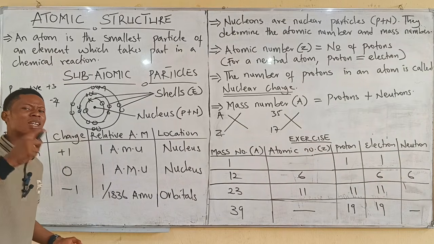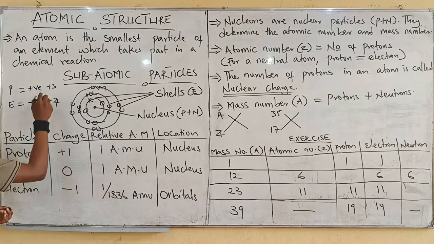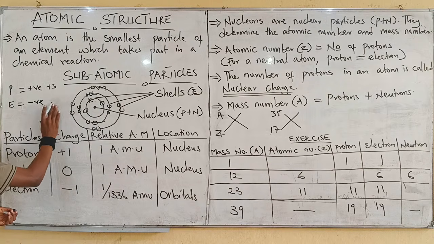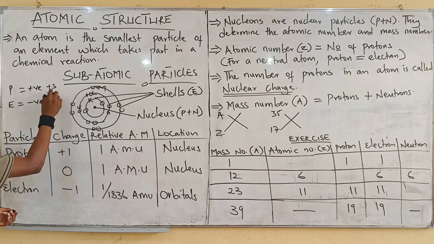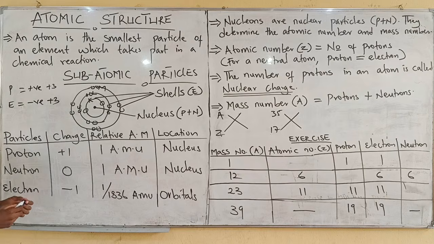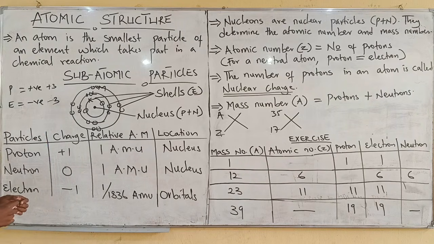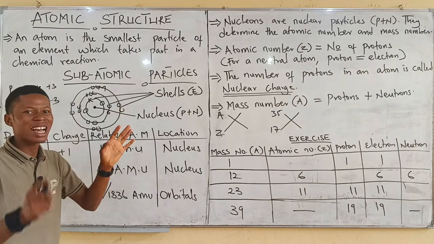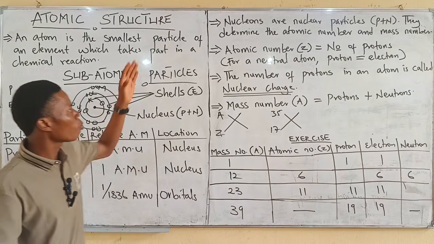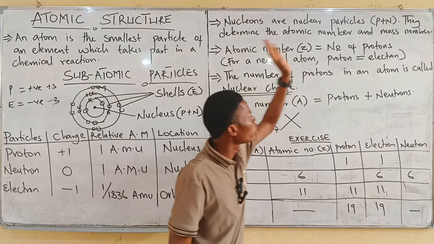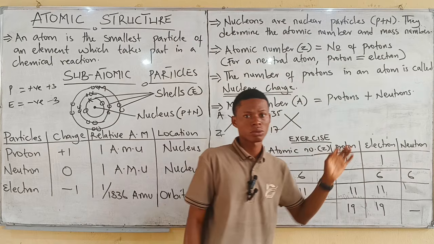So for the atom to be neutral, the proton must be equal to the electron. For example, if the proton is +3 and the electron is -3, +3 minus 3 is equal to what? 0. Net charge of 0. So for the atom to be electrically neutral, the number of protons must equal the number of electrons.